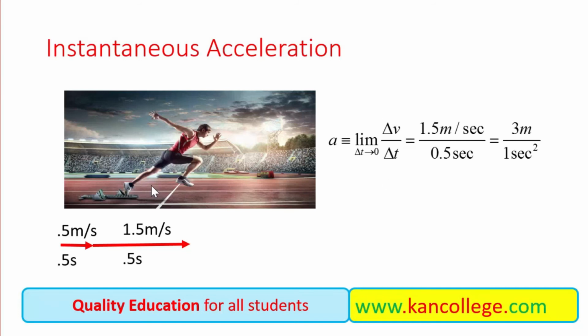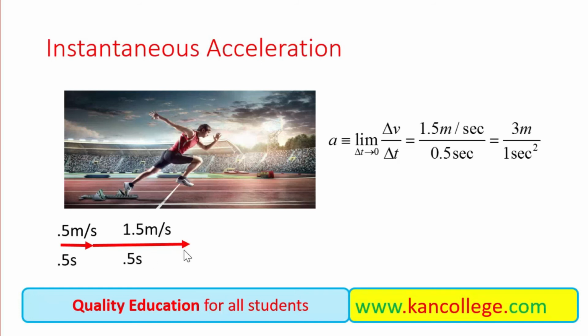For example, if the athlete starts moving and in the second half of a second it has the ability to increase its speed by 1.5 meter per second, it means it has the ability to change its speed at that very small instant from 0.5 second.